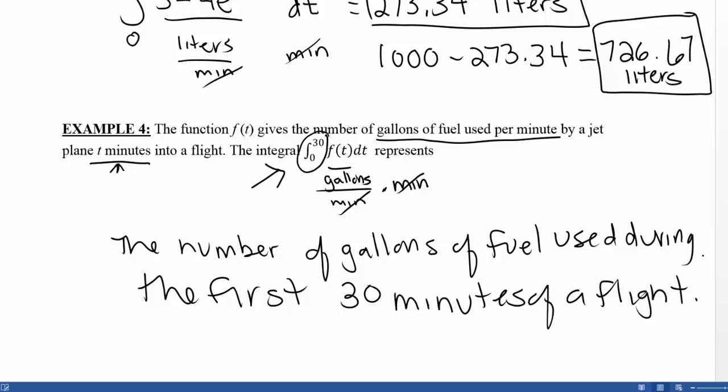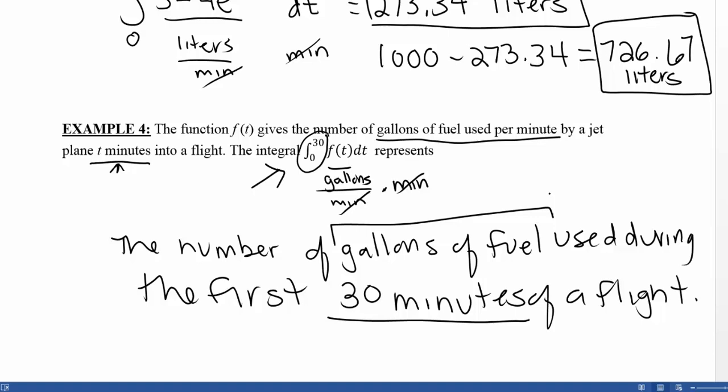So again, there's lots of sentences that are right, but we want to make sure we've included that we're looking at the first 30 minutes and that we're talking about the number of gallons of fuel that were used. So as long as those two pieces are in your sentence, then you're good to go.